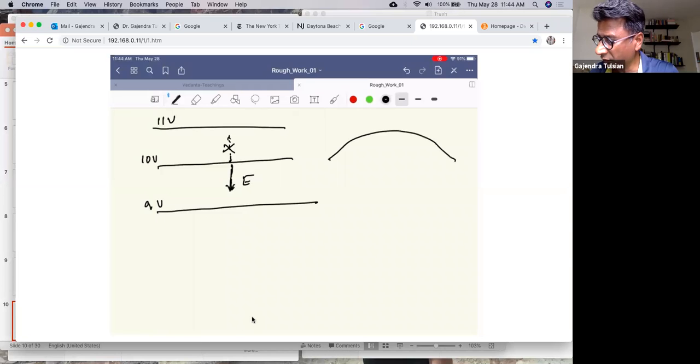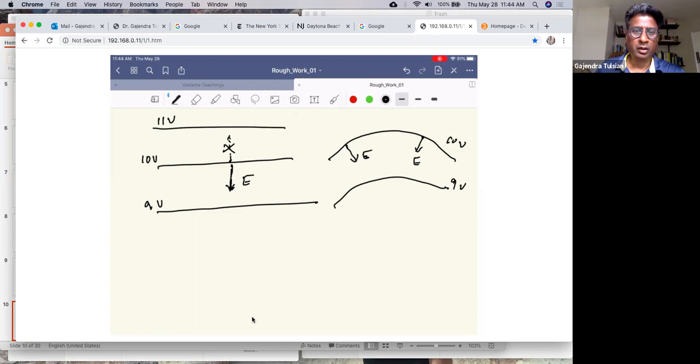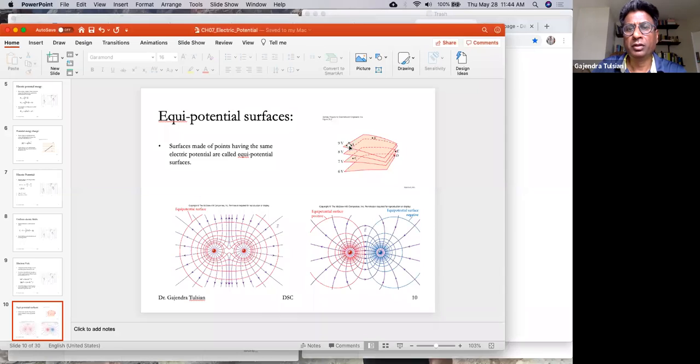So for instance, if this was an equipotential surface, and this is 10 volts, 9 volts, at this point the electric field is like that, and at this point the electric field is like that. So these are equipotential surfaces, and electric fields are perpendicular to equipotential surfaces and point in the direction of decreasing potential.